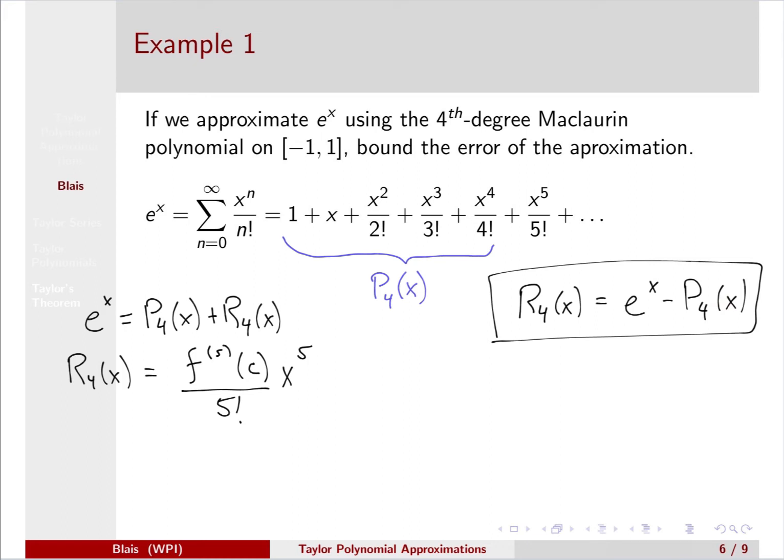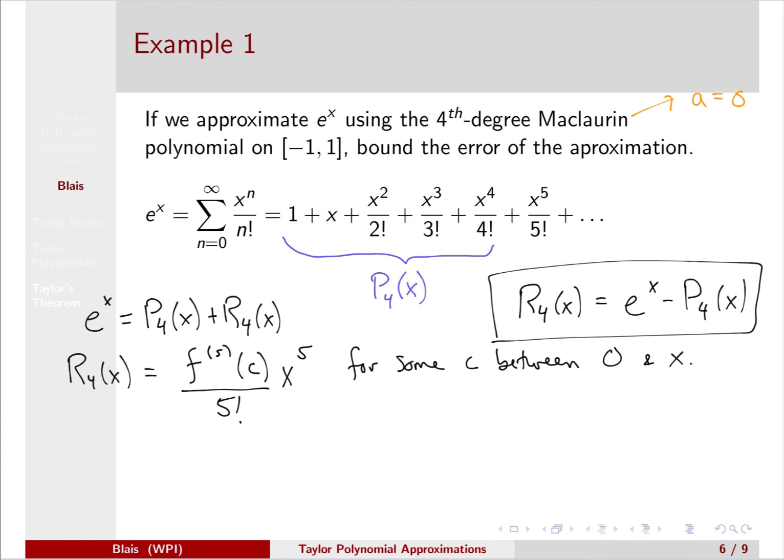So we have a form for our R4, and we know this holds for some c between a, and remember, if we're working with a Maclaurin series, that means a equals 0. So between 0 and x.